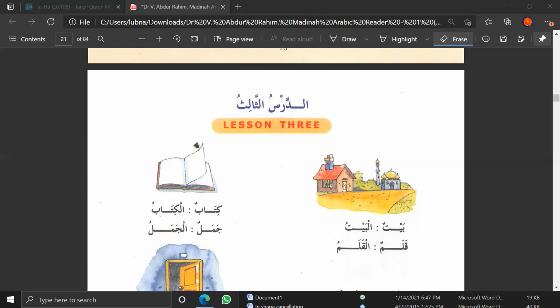So what do you see? What are we going to do in this lesson? We add al. What's the difference when you bring al at the beginning of the word? What change do you see?